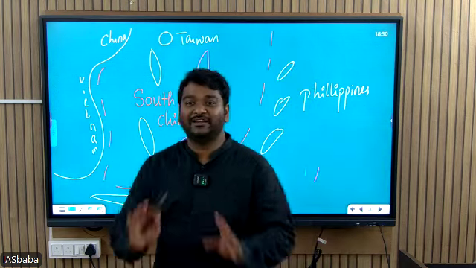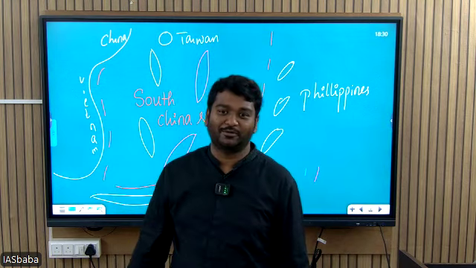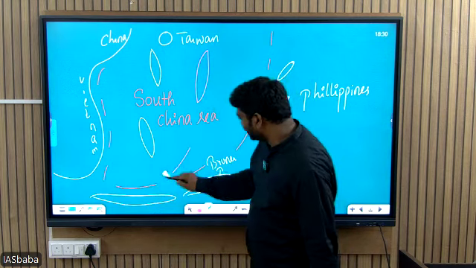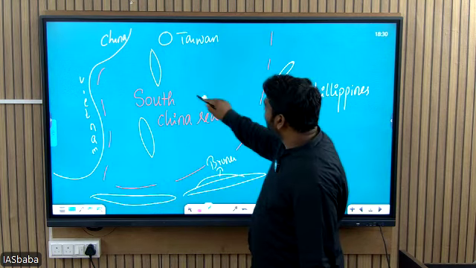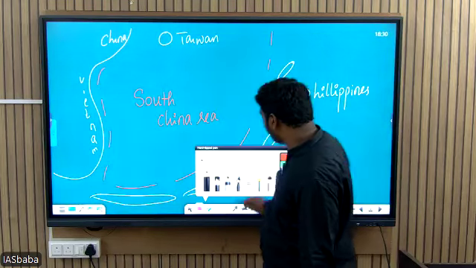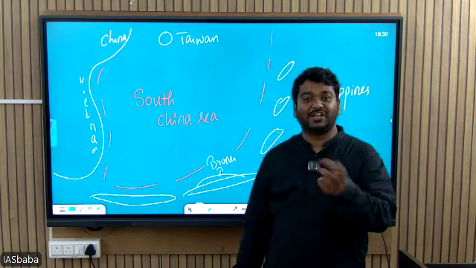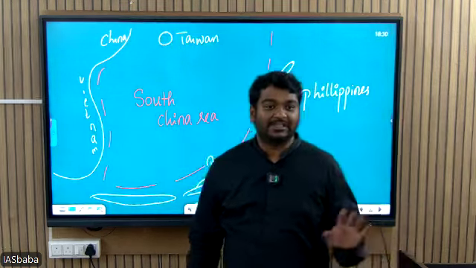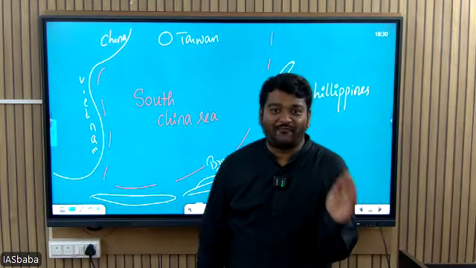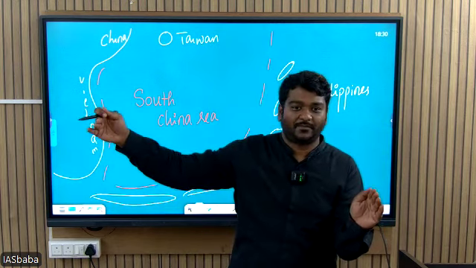You have not even signed the agreement. And you are telling me what to do, what not to do. US told, no, no, you should listen to me. China is like, no, I won't listen. All these countries are scared of US also, China also. To escape from China, you are entering into the US.